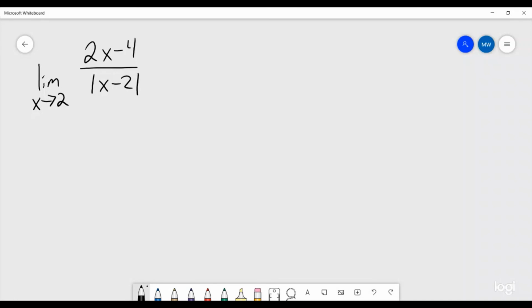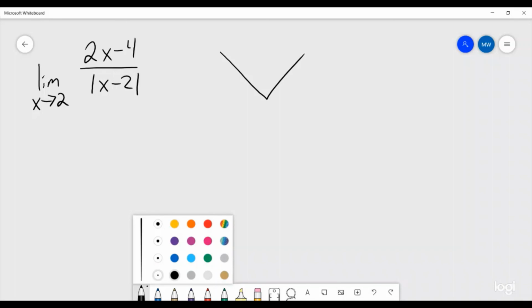Now this one, we might want to be a little bit careful with. Anytime there's an absolute value, that can cause some problems. So as soon as I see the absolute value, I am skeptical that it might actually not exist. So let's look to see what happens on either side.